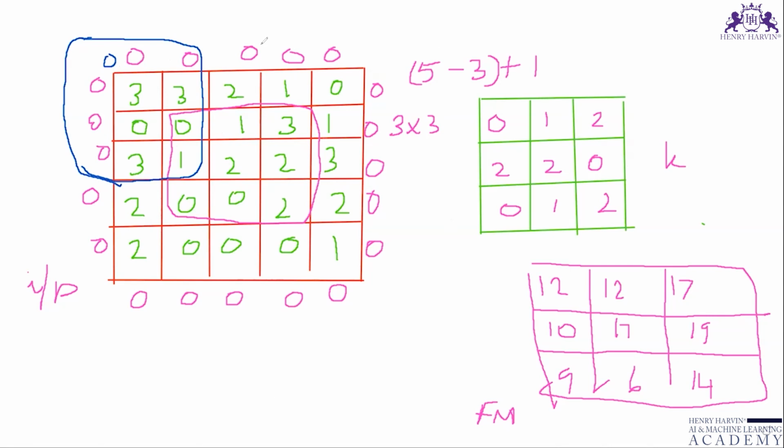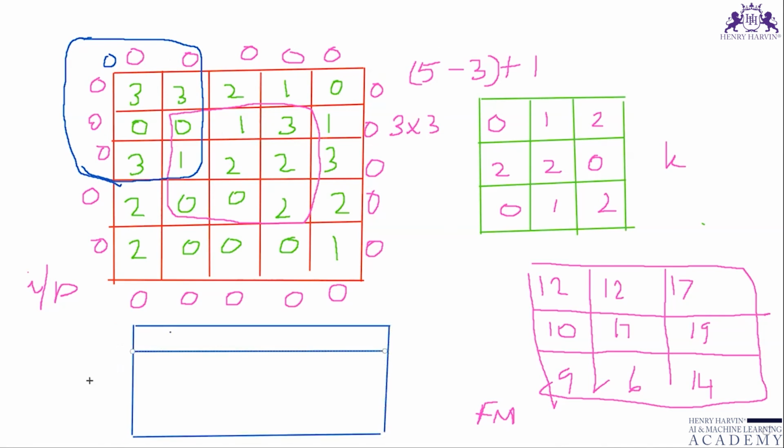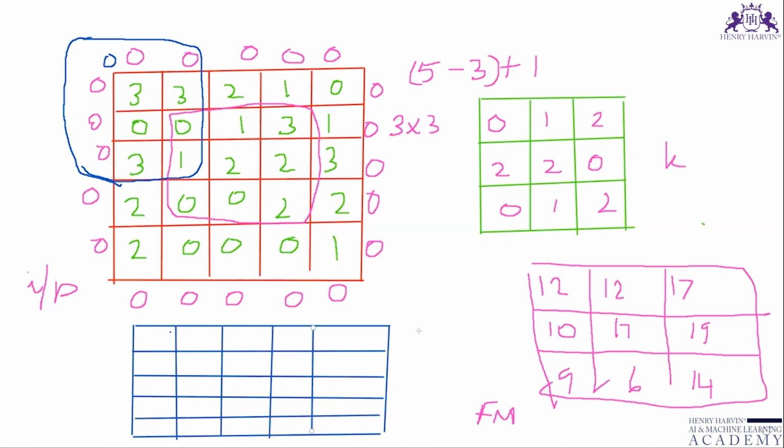So let me show you the output now. What output will I be getting? This is going to be really interesting. I do not have enough space, that's why I'm writing like this. So what did we get actually? We got it as 6.